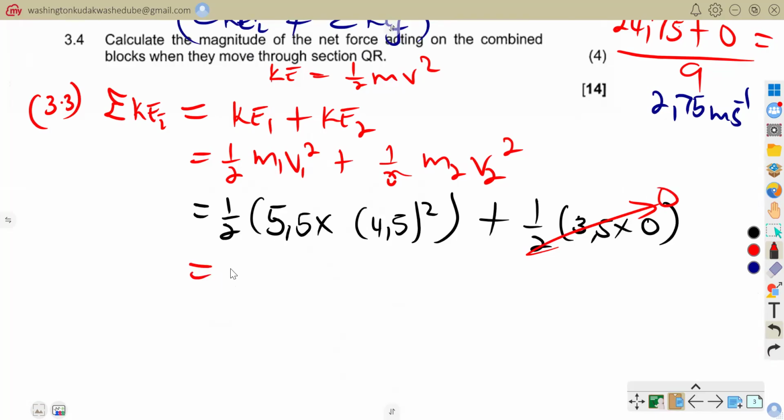So I would be left with, I now need to punch in my calculator, where I'm saying half times 5.5 times 4.5 squared.